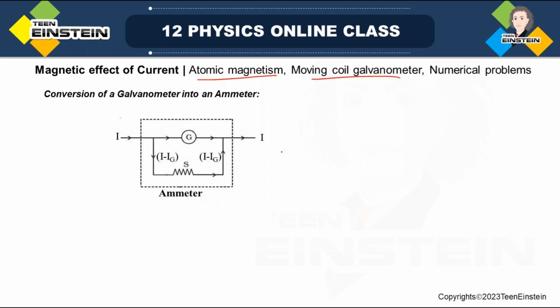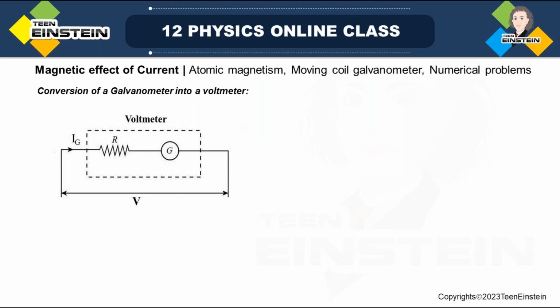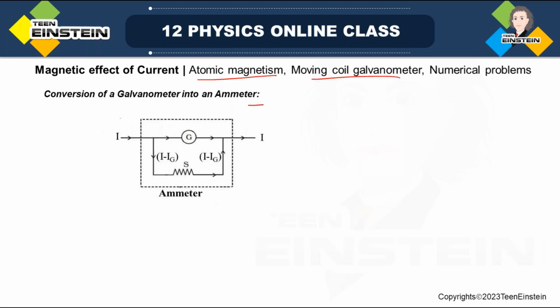So today we'll learn about the conversion of a galvanometer into an ammeter and the conversion of a galvanometer into a voltmeter, and we'll solve a few numerical problems which have been asked in various previous years' questions like JEE, NEET, etc.